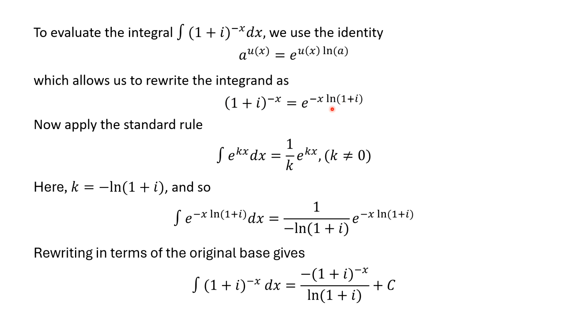So we have this identity. And the reason we want to write this in terms of the exponential is we know how to find the antiderivative, any antiderivative, I should say, of e to the kx. It's just 1 over k e to the kx. And then we just plug in k is minus log of 1 plus i.